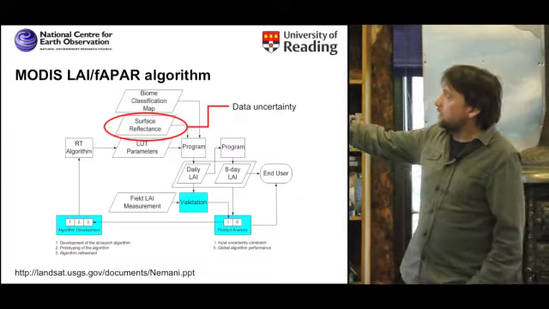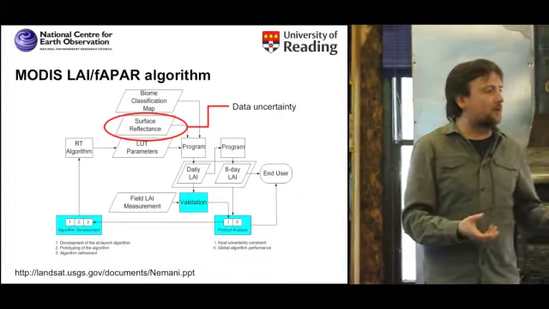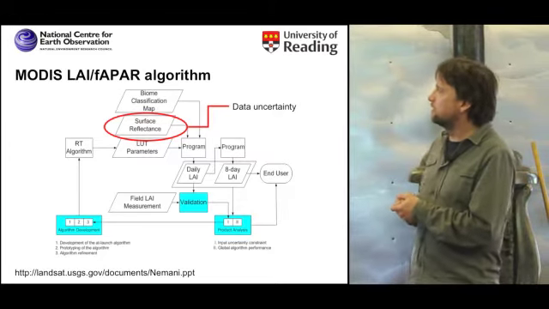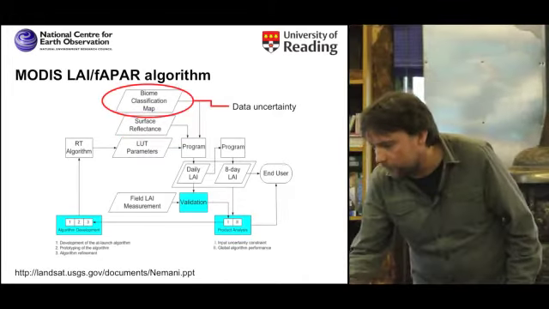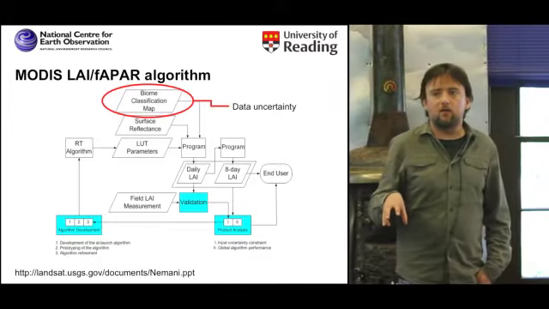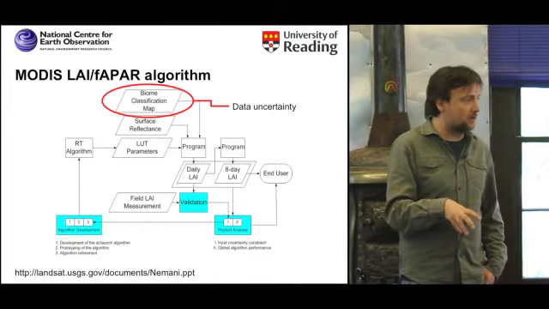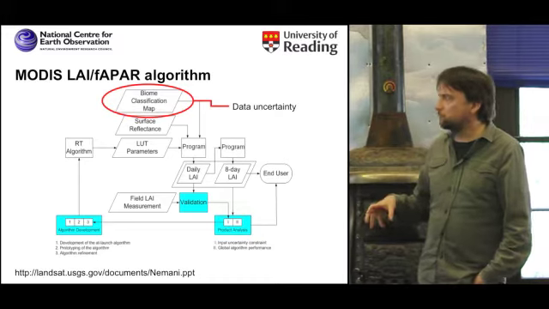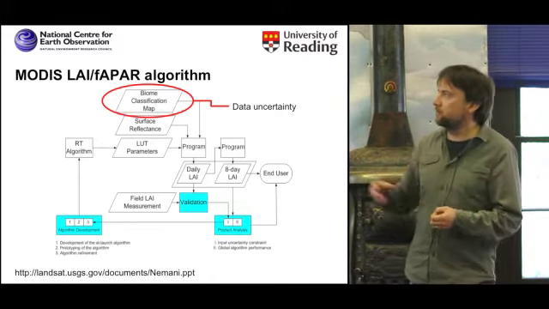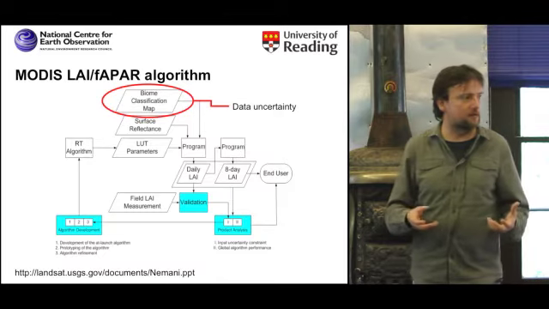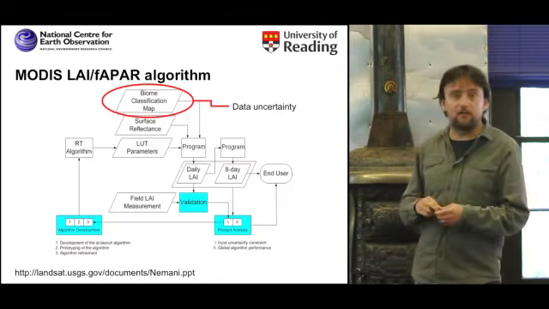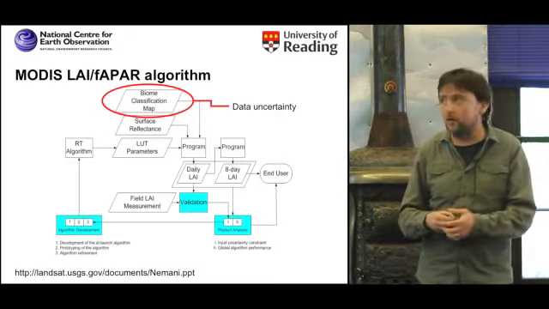We have some uncertainty because we have that problem with the atmosphere and we don't know surface reflectance perfectly. So we've got some uncertainty going into the product from there. It also relies on a biome classification map, which is also derived from MODIS data. And that also has a fairly high level of uncertainty associated with it, certainly compared to the surface reflectance product. So 2 sources of data uncertainty going into that product.